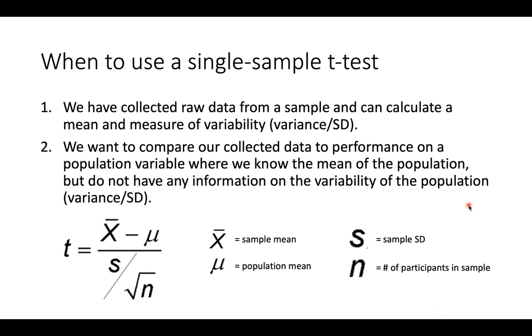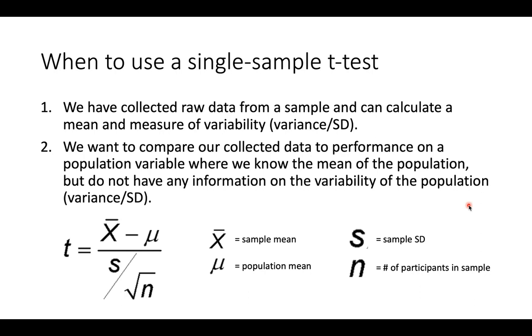We need to look at samples of people, 20, 30, 40, 50, 100, 200 groups of people on which we collect this data. So as we move from a z-test to a t-test, we need to keep in mind that we're now working with samples. We're working with groups. This is something that a real-life researcher might actually do.